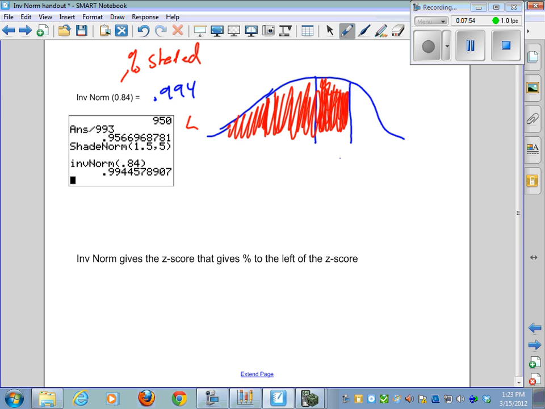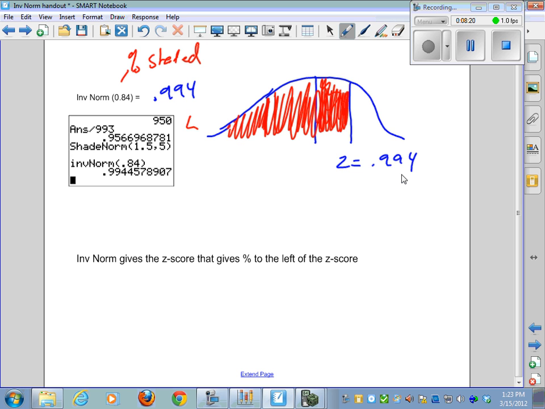Guess what z-score this is? I'll give you a hint. It's 0.994. So invert norm gives you the z-score that you would use to shade from the bottom and get the value in the brackets. Invert norm 0.84: keep shading until the shaded area gets to 84%. Stop. Look at the z-score.